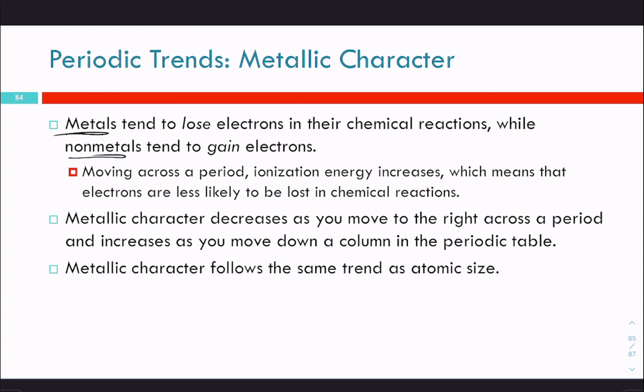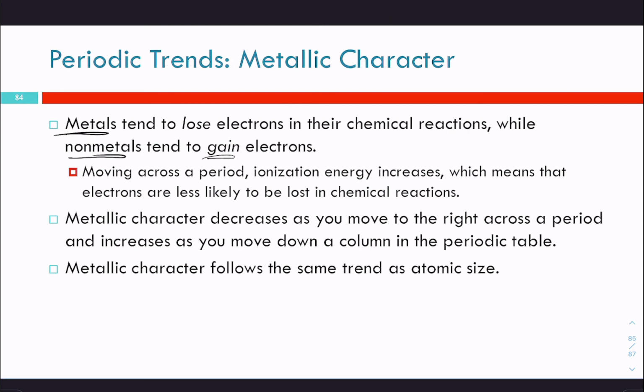Nonmetals, on the other hand, tend to gain electrons. So remember everything to the right of the dark zigzaggy line on these periodic tables, those are nonmetals. And that includes fluorine, chlorine, and bromine, which we learned gain electrons. Those are less metallic.